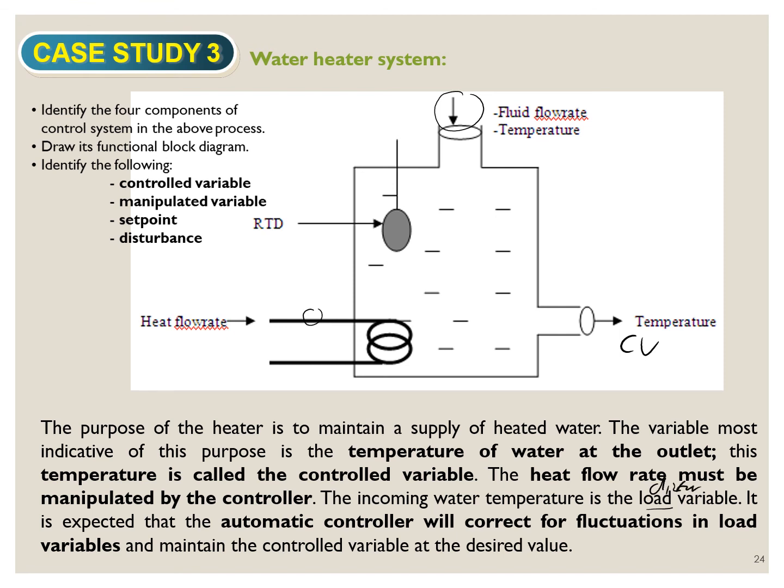It is expected that the automatic controller will correct the fluctuation in the load variable and maintain the control variable at the desired value. Okay, let's identify the four components, draw the functional block diagram, and identify the following items.